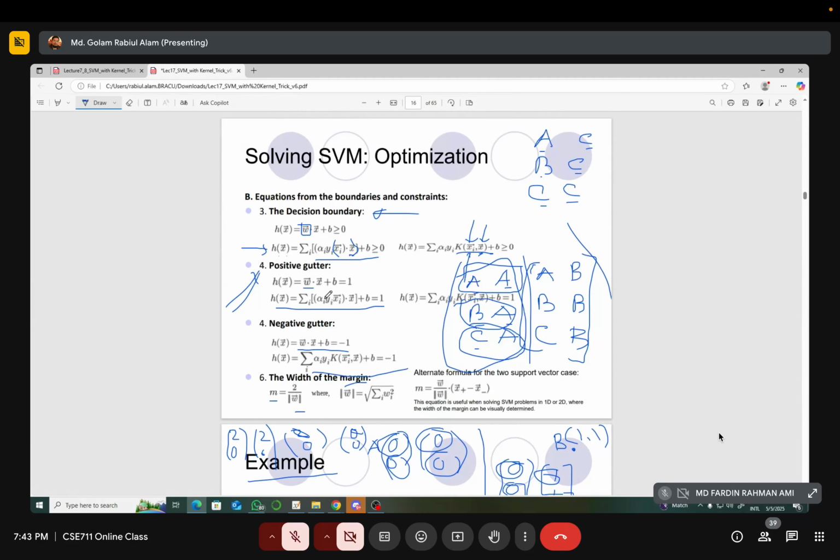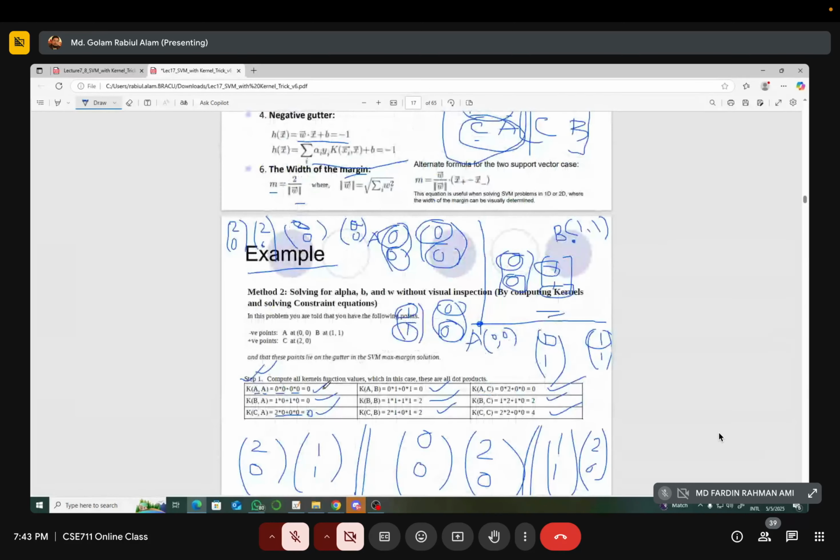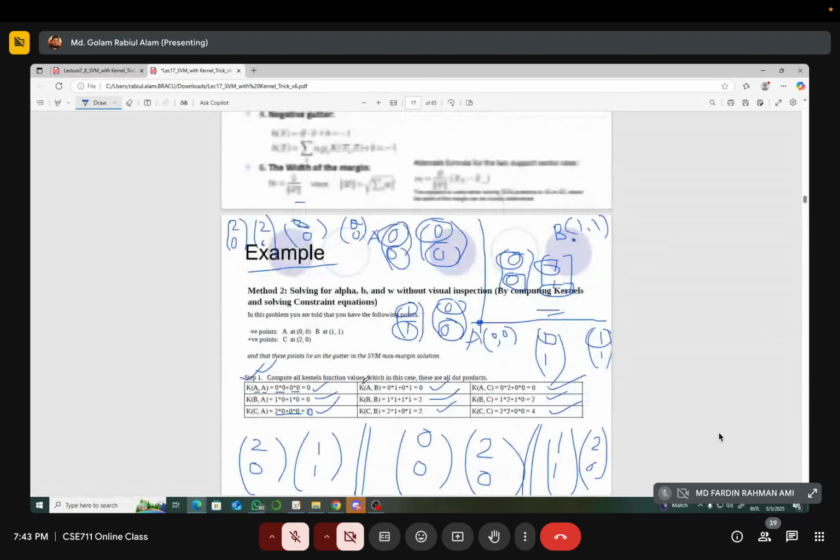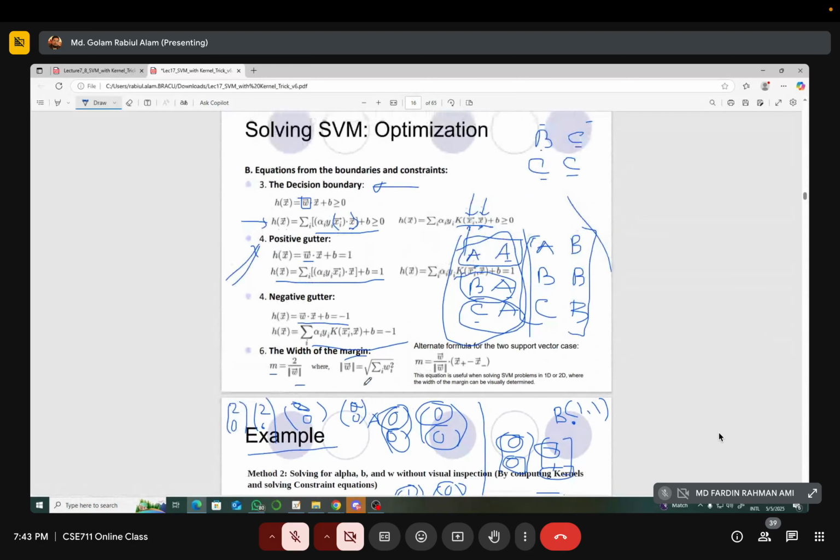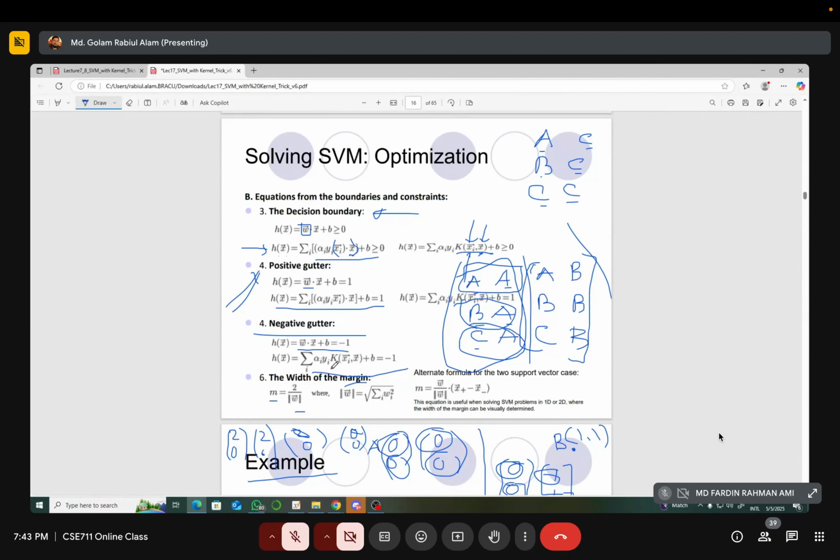Summation of I alpha I yi k of xi and x plus b equal 1, positive gutter equation. And also the negative gutter equation. Negative gutter equation is which one? This one. Summation of I alpha I yi k of xi and x plus b equal negative 1. So this equation.